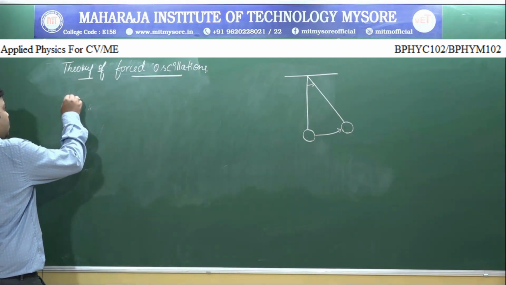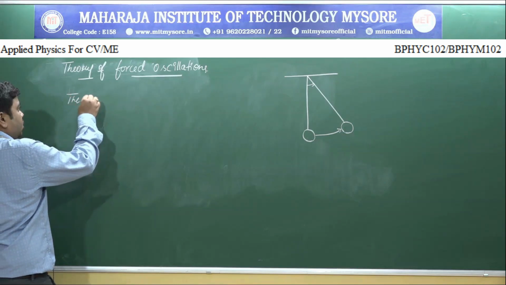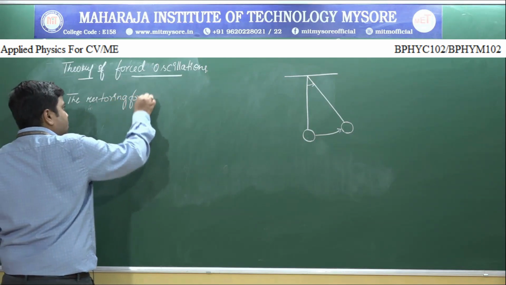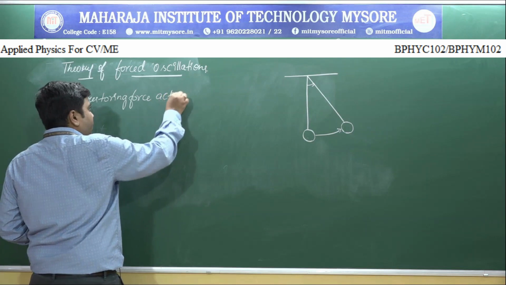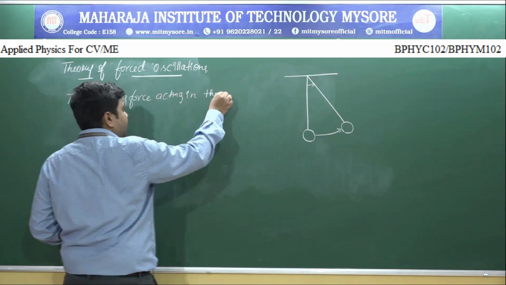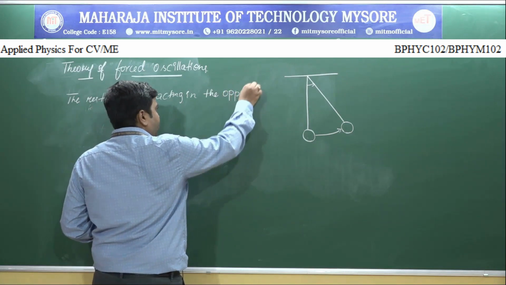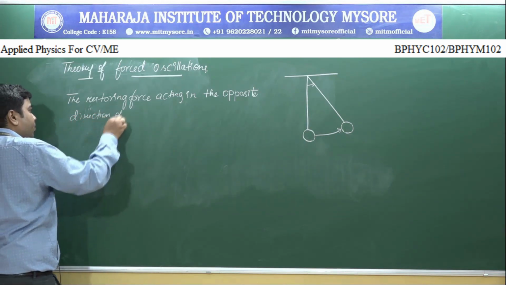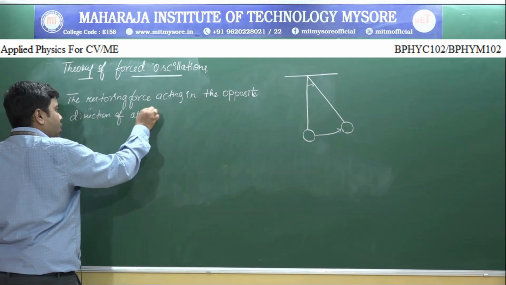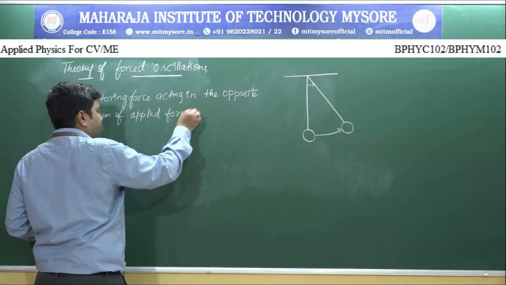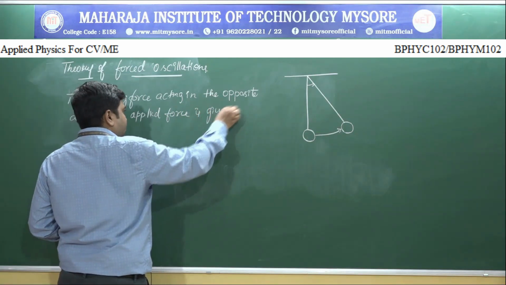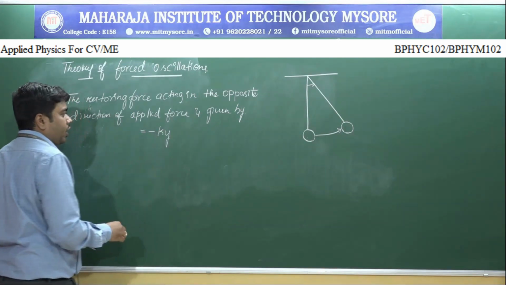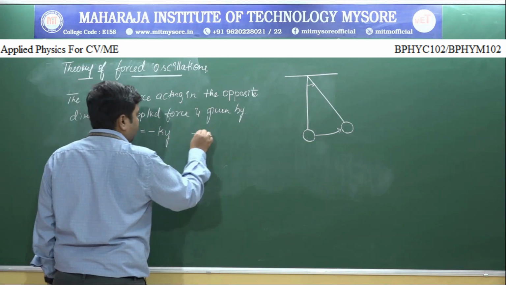One is the restoring force acting in the opposite direction of the applied force, which is given by minus k into y. We'll call this equation 1.